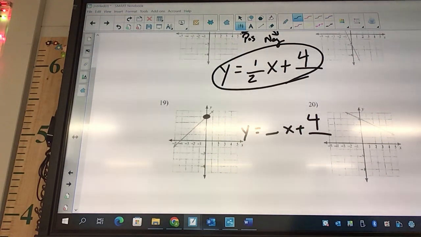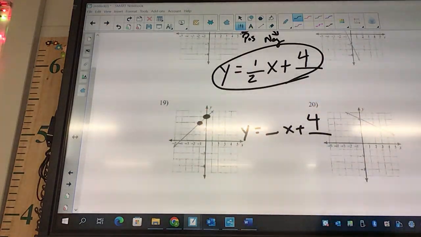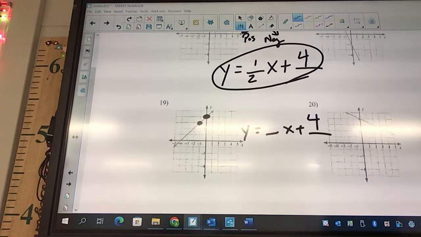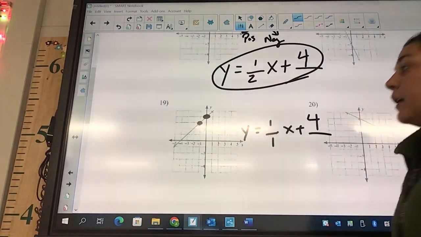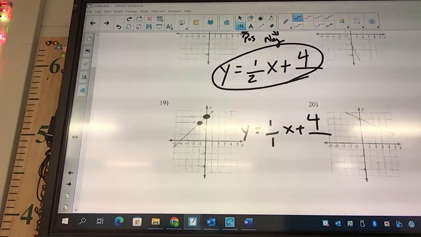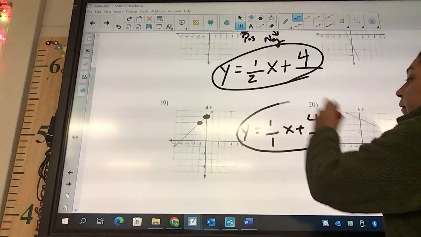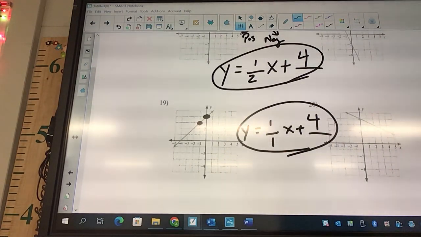Okay, so this is our next closest point. What is that slope? 1 over 1. Is that a positive or negative line? Positive. If it was negative, you're going to put the negative here with the slope.